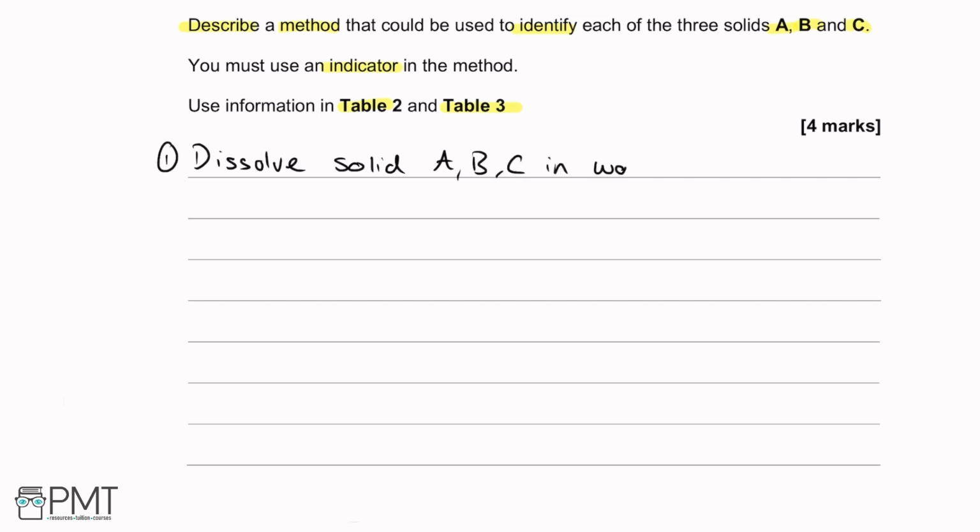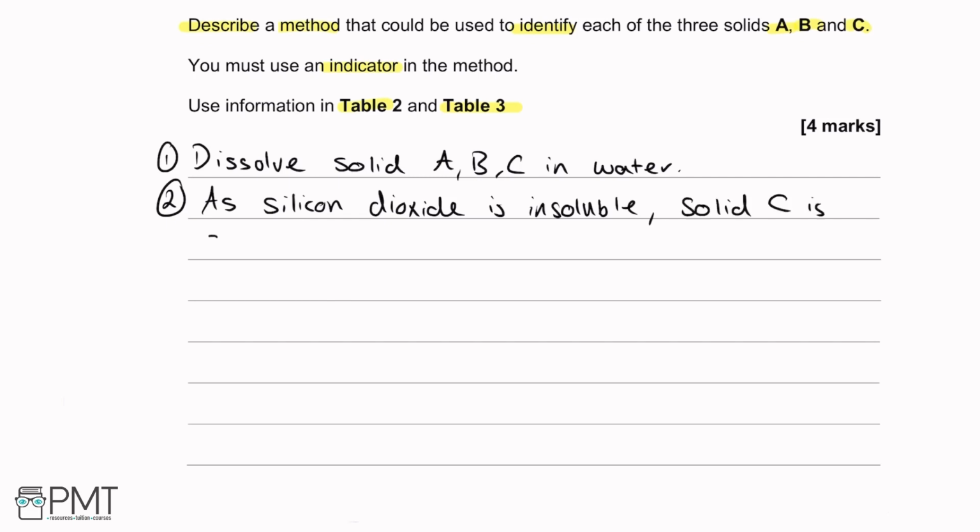The first step I would write is to dissolve solid A, B and C in water, so we can determine their solubility. Remember, silicon dioxide is insoluble, so we can say that solid C is silicon dioxide.